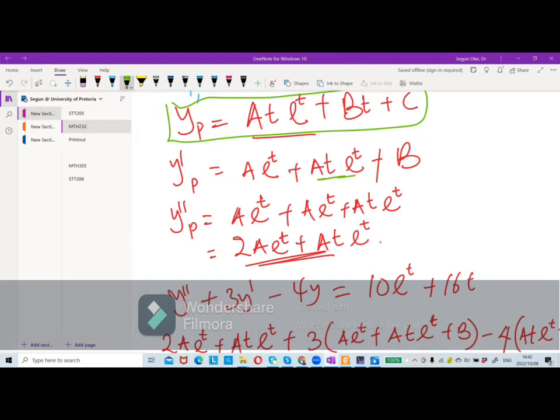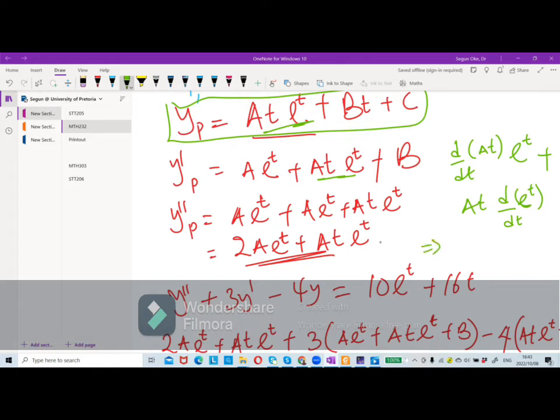I can hold my a constant and differentiate at, which means I can say d dt of at, then hold exponential t constant, plus hold at constant and differentiate the exponential.